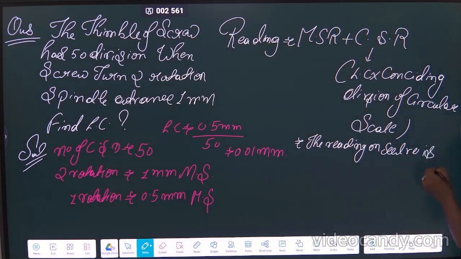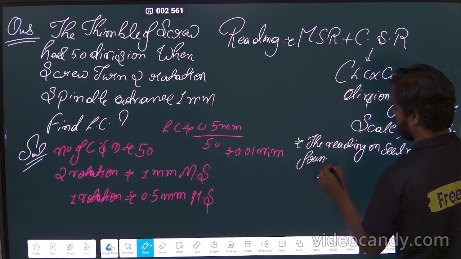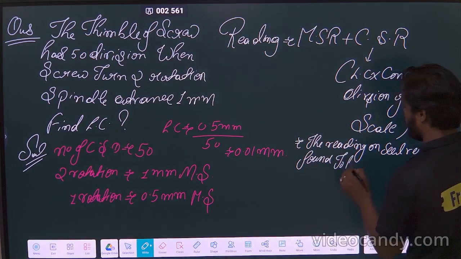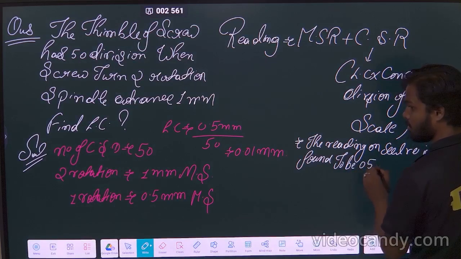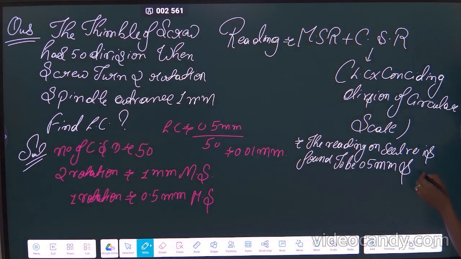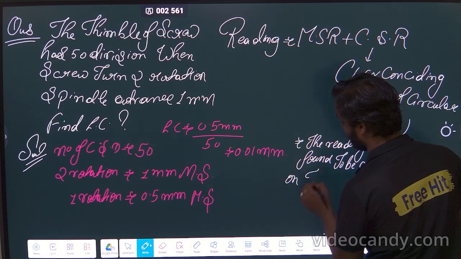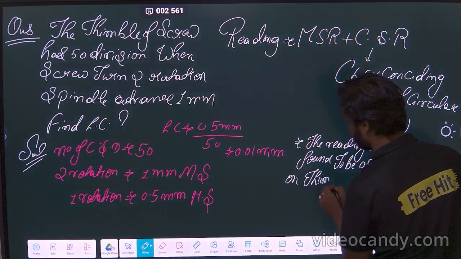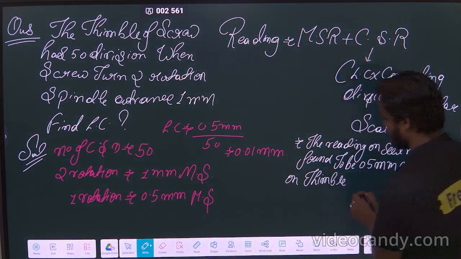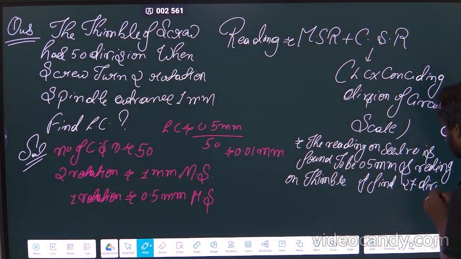Sleeve is found to be 0.5 mm, and the reading on the thimble is 27 division.